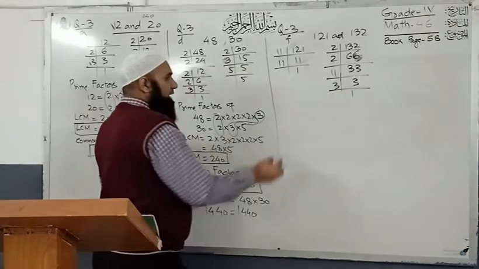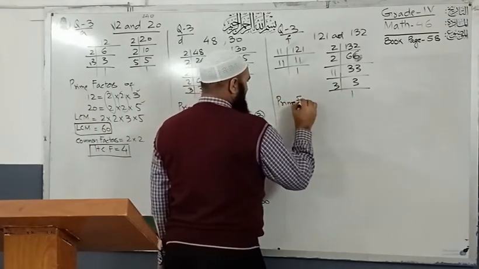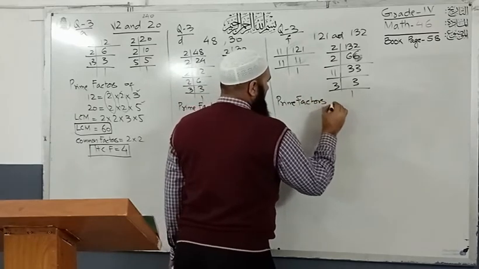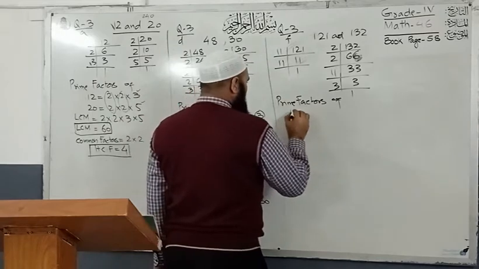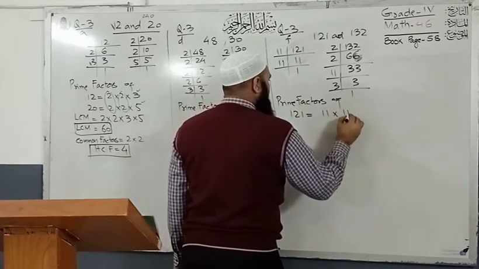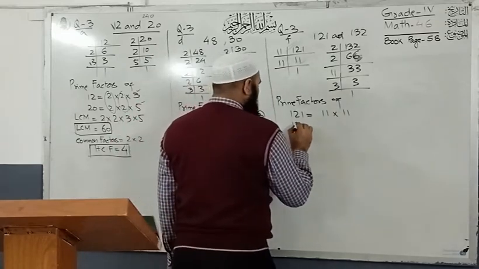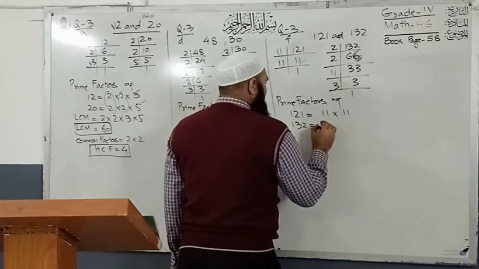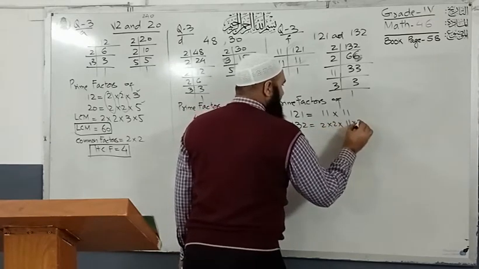Now write the prime factors. Prime factors of 121 are 11 multiply 11, while the prime factors of 132 are 2 multiply 2 multiply 11 multiply 3.